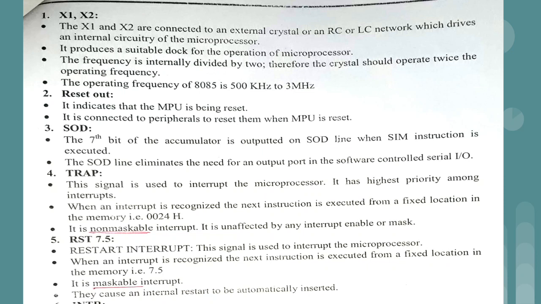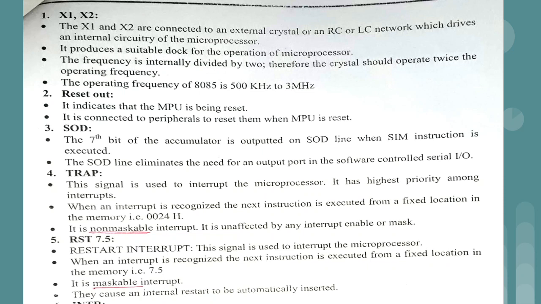If there are other interrupts along with trap, trap has the highest priority, so it will be solved first, and then we will move to the remaining interrupts. So when an interrupt is recognized, the next instruction is executed from a fixed location in memory, that is 0024.